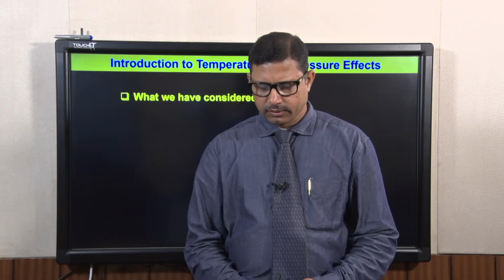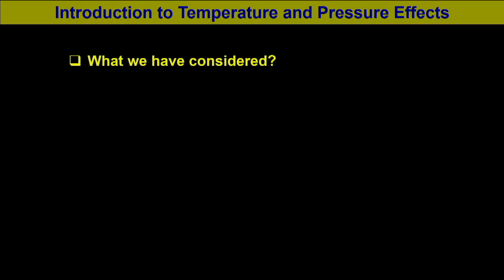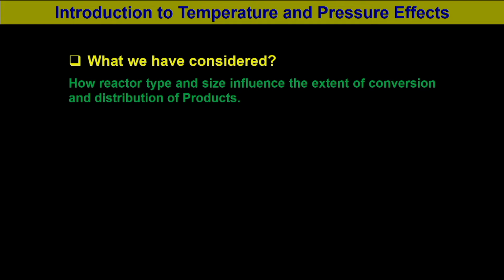So far, what have we considered? We have considered how reactor type and size influence the extent of conversion and distribution of the products. This we have considered in the reactor design part in module 4, the type of reactor and the size of the reactor, and how they influence the extent of reaction and the product distribution.